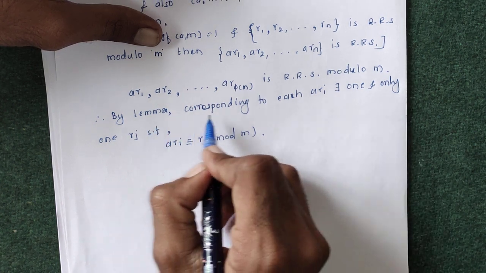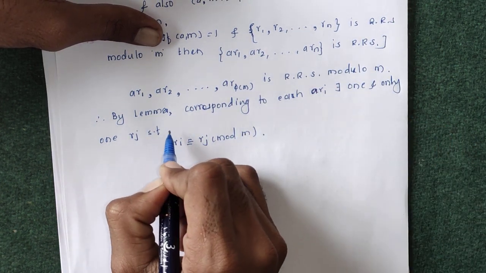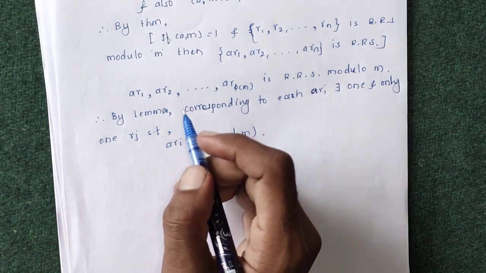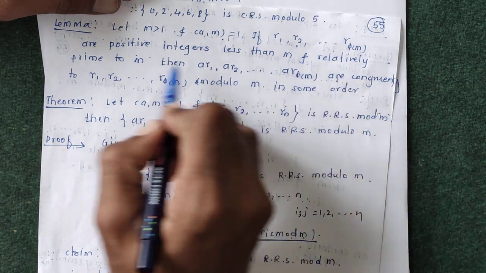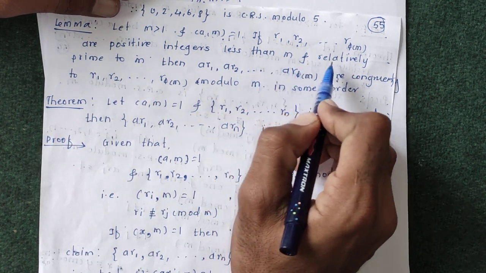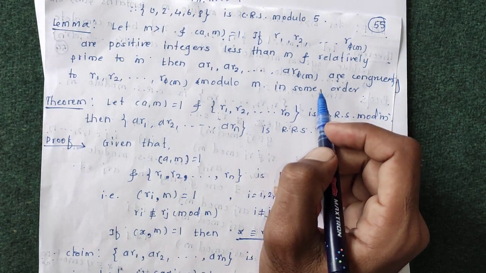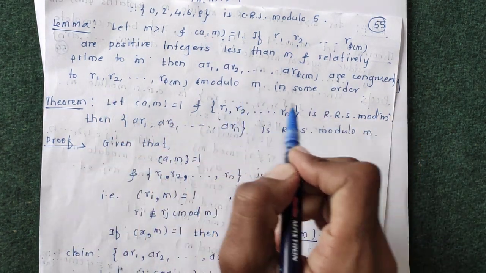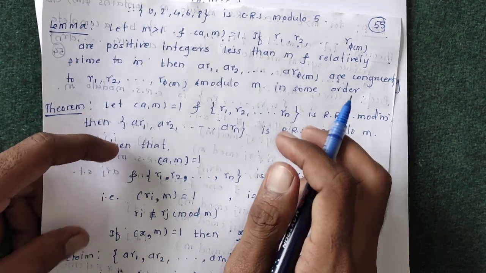We have taken that corresponding to each aRi there exists one and only one Rj, but our lemma doesn't say that there exists one and only one. The lemma says that if R1, R2 up to Rφ(m) are positive integers less than M and relatively prime to M, then aR1, aR2 up to aRφ(m) are congruent to R1, R2 up to Rφ(m) modulo M in some order, but this lemma doesn't say that there exists one and only one.